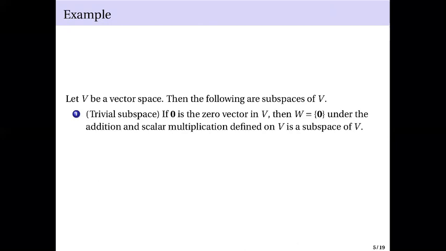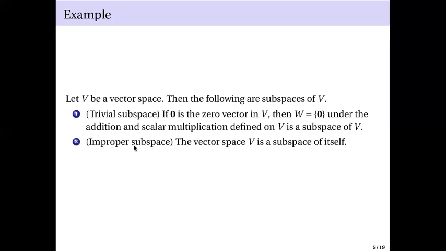So in short, every vector space has at least one subspace. In fact, there are at least two subspaces. The other, we call the improper subspace. The vector space V is a subspace of itself. It's like in set theory, any set is a subset of itself.